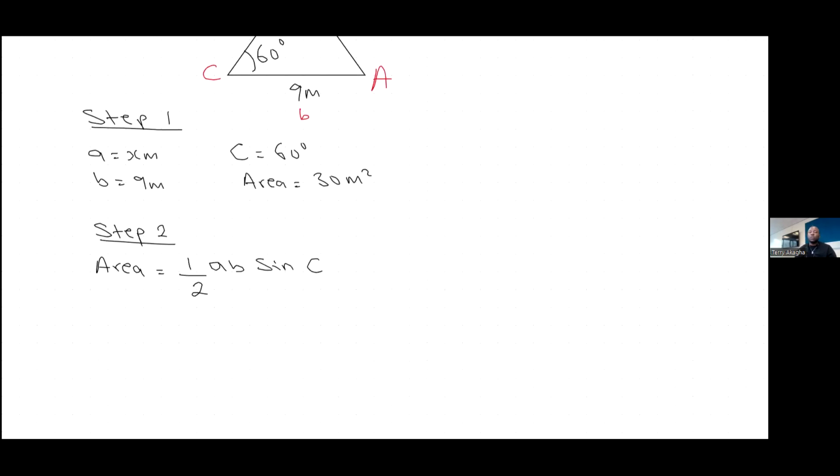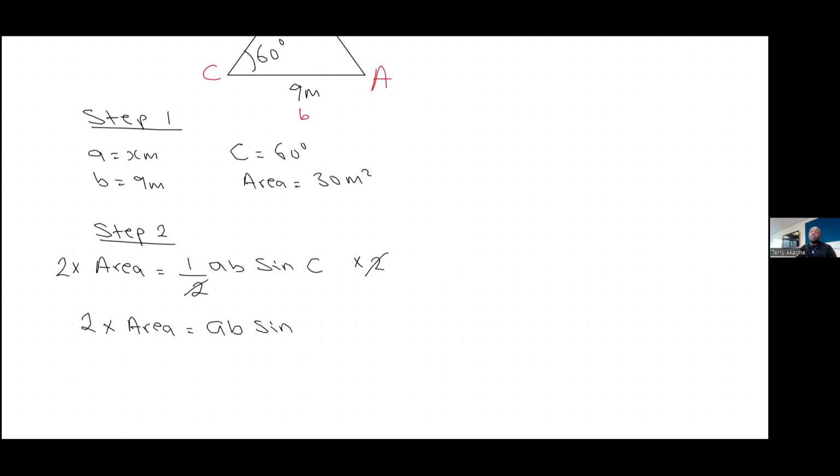So what am I going to do? I'm going to multiply both sides by 2. So 2 times the area will be equal to, this 2 we cancel, ab sine what? C.